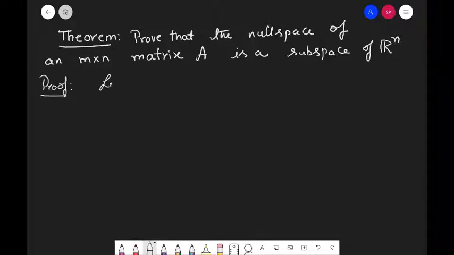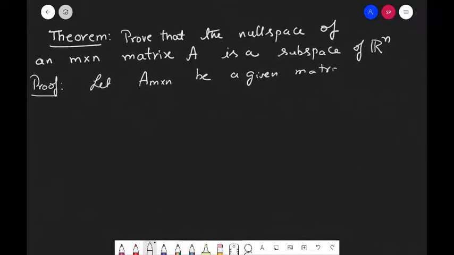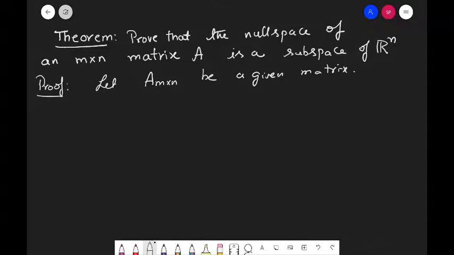So we are given A, a rectangular matrix of order m by n, and now let us write what is null space.